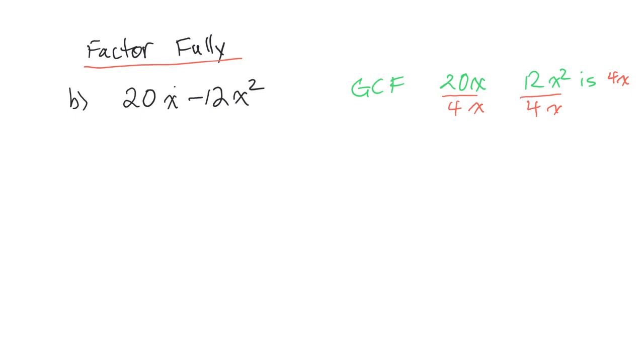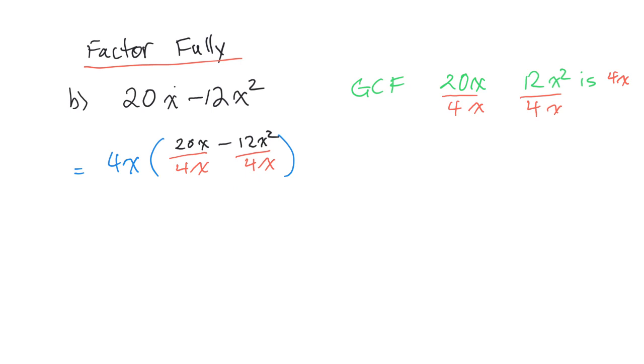So here's what we write. We're going to write 4x in front. We're going to put our brackets. Then we're going to copy 20x minus 12x squared, and then what we do is we divide both of these by 4x. So we put 4x outside, and then we take our original equation that we had up here, and we put it in here, and then we divide each of them by what we're going to factor out.